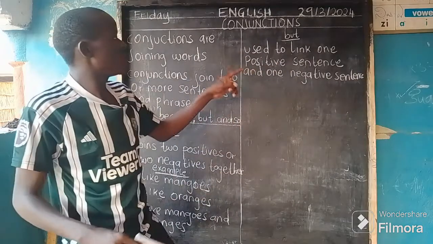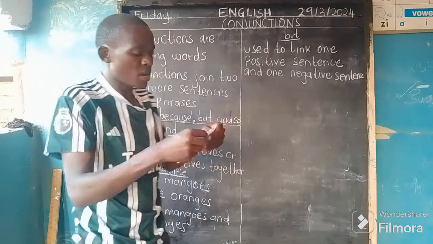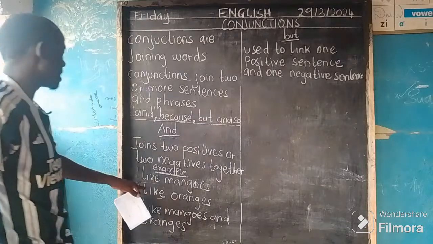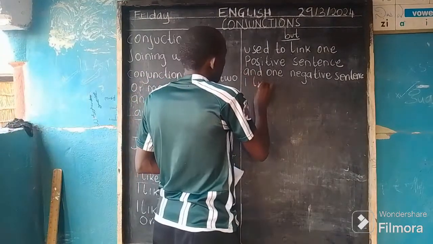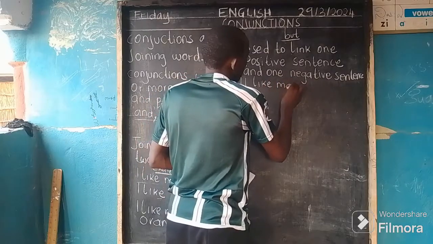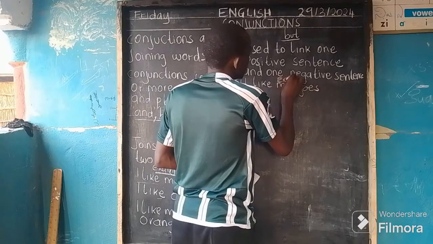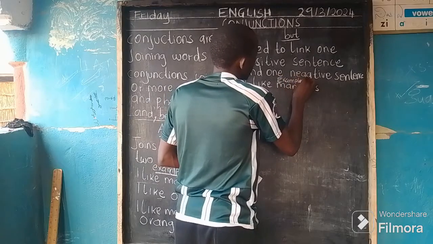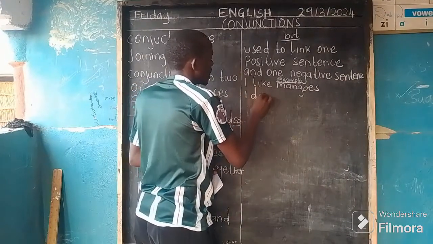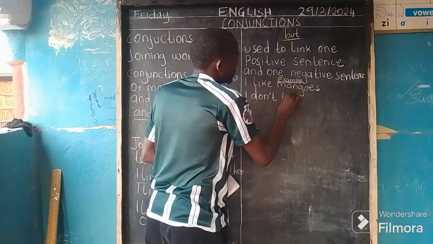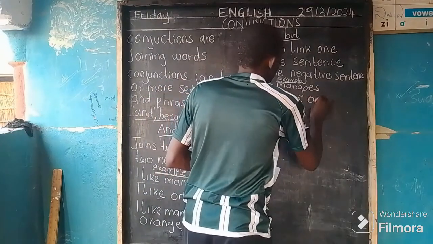So but is used to link one positive sentence and one negative sentence. For example, let's use the same example. I like mangoes. I don't like oranges.